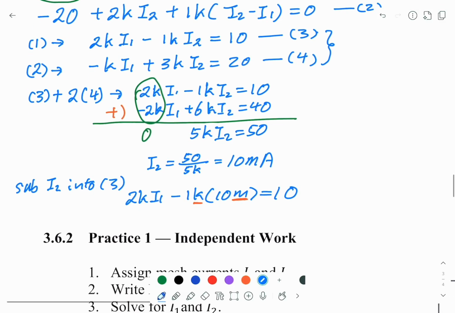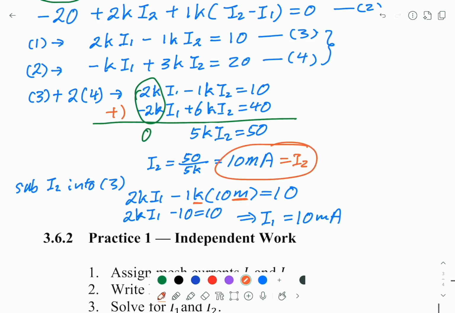So you got 2k I1 minus 10 equal to 10. And from here, I1 equal to 10 milliamp again. So just highlight: I2 is 10 milliamp, I1 is 10 milliamp. In this particular case, they are equal.